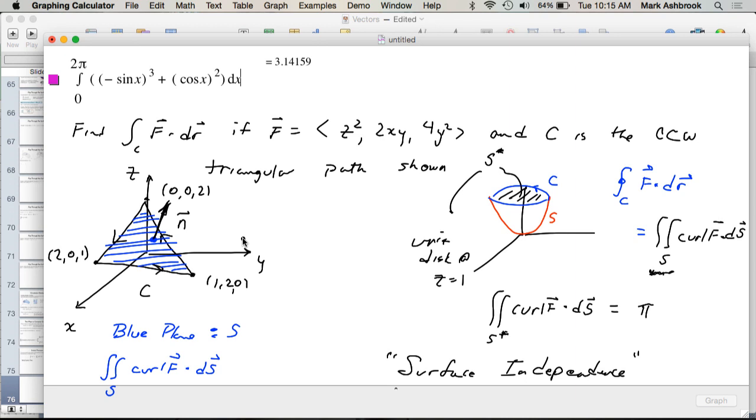And how would I find the normal vector? I'm going to find a vector on two sides and then do the cross product, which will give me n, so we do dot n, and then dS.